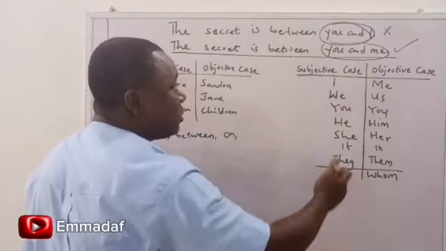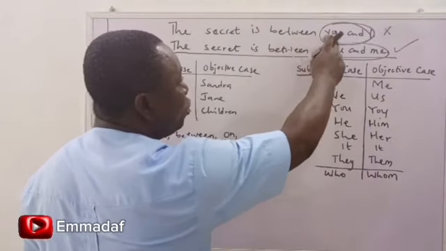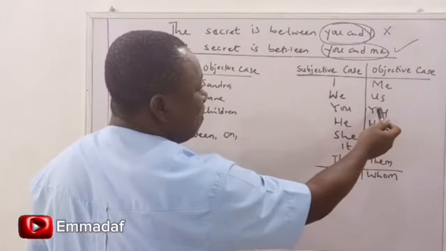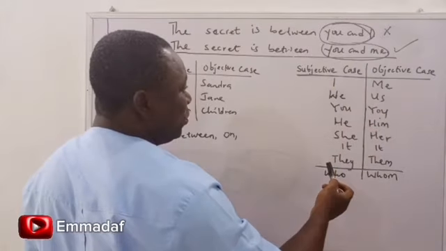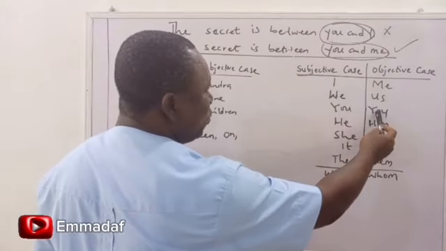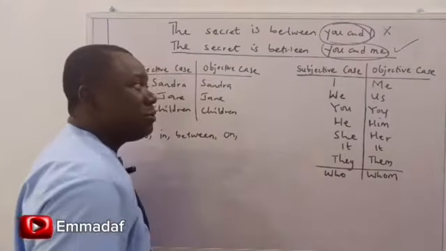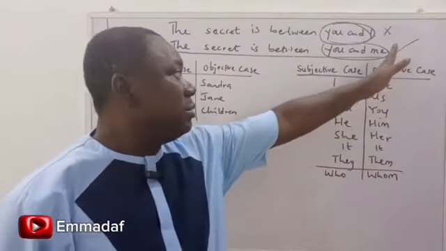It is incorrect to say the secret is between you and I. No. The secret is between you and me. You must use the pronouns on the side.